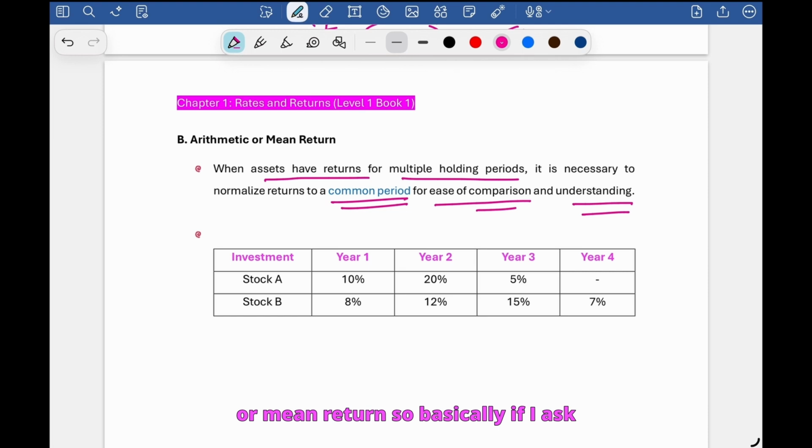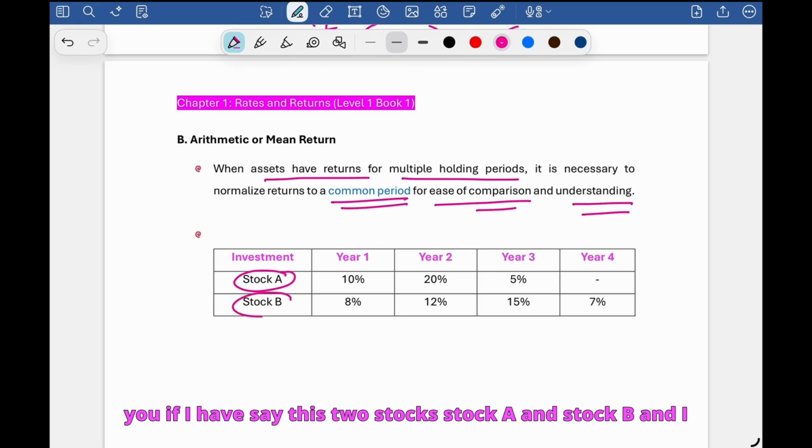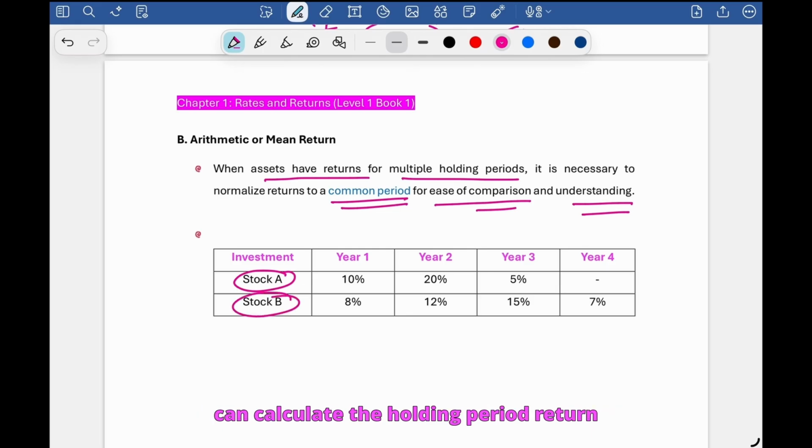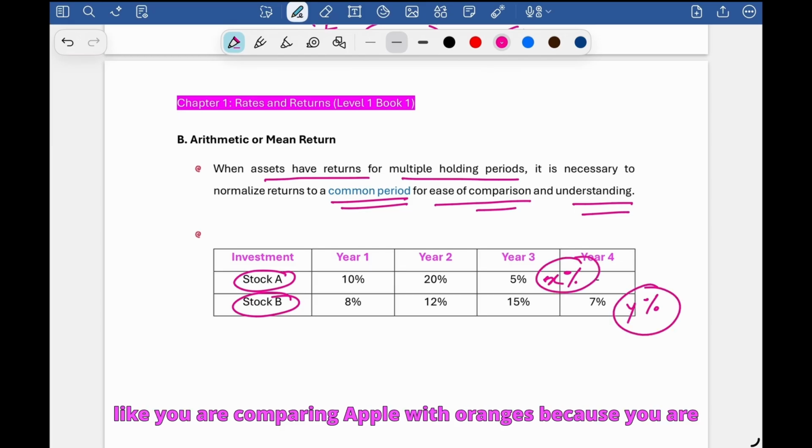So, basically, if I have, say, these two stocks, stock A and stock B, and I can calculate the holding period return for stock A till 3 years, right? Some X percentage will come. Then for stock B, say if I hold it for 4 years, it will be Y% return. So, comparing X and Y would be like comparing apples with oranges, because you are holding stock A for 3 years, but stock B you are holding for 4 years.